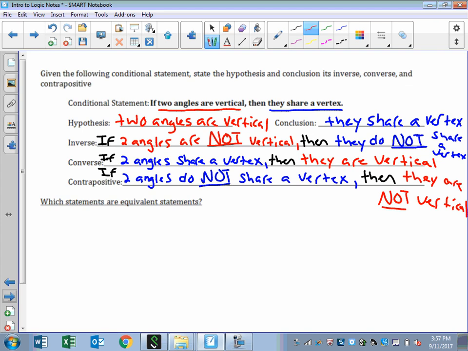Now I ask which statements are equivalent. So which statements, if one is true, the other is true; they're both equal. Well, if we look at the conditional, if two angles are vertical, then they share a vertex, which one is that the same as? If the conditional is true, then the contrapositive is also true.